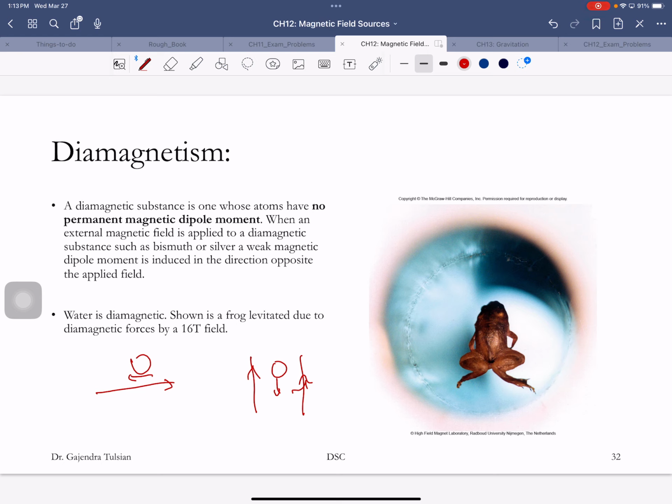What this is showing you is they froze this frog, and they applied a magnetic field like this, and this frog is floating in air. Apparently, this shows a frog levitated due to a diamagnetic force by a 16 Tesla magnetic field. So you need a very strong field to do this kind of stuff.